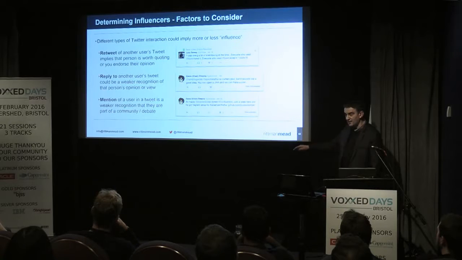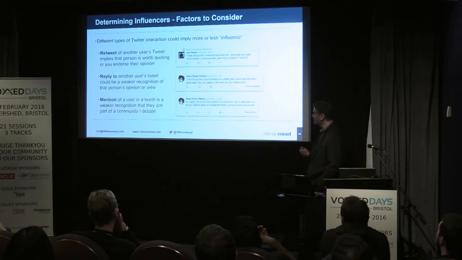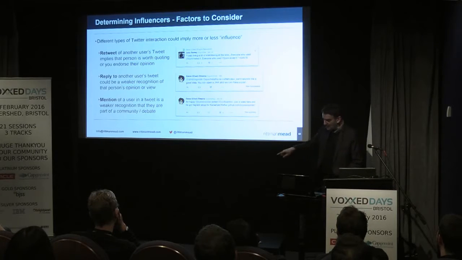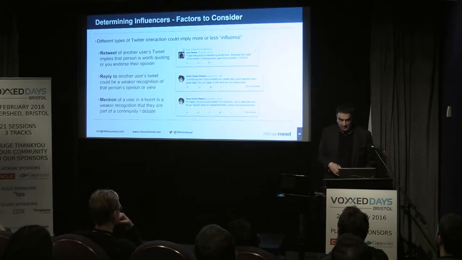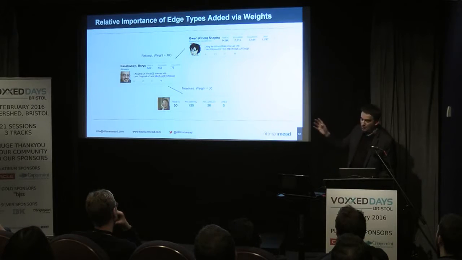So a retweet, I think, is a really good marker of influence, really. So if Mike retweets something of mine, that implies that I'm an influence to him, which again is kind of frightening. But then replies also imply a community. And mentions as well. So all these things we can use to understand the community, and so on here.